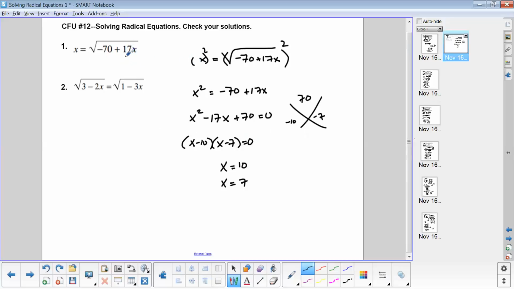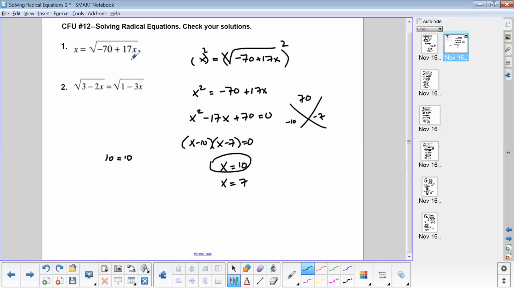So 17 times 10 is 170. So if I substitute 10 here, I get 170. Negative 70 plus 170 is 100. Square root of 100 is 10, and I substituted 10 here. So that would give me 10 equals 10. That's a solution.